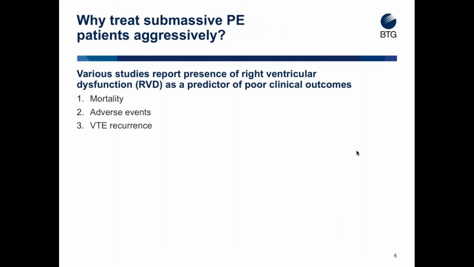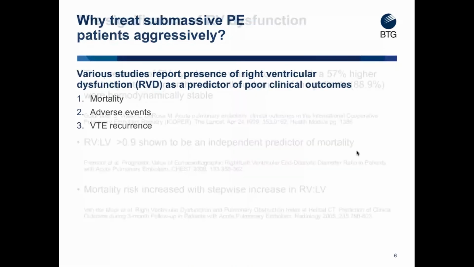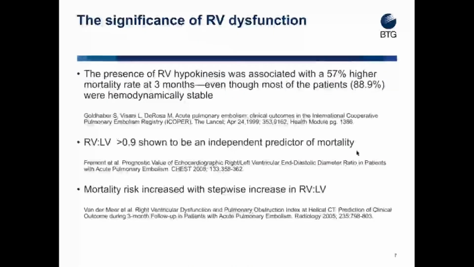Well, there are various studies that report on the presence of RV dysfunction as a predictor of poor clinical outcomes, namely mortality, adverse events both in the hospital and in follow-up, and increased recurrence of venous thromboembolic events. These studies have been around for several years, some much longer, but they are very consistent in what they show.